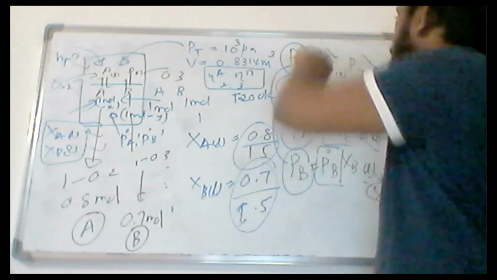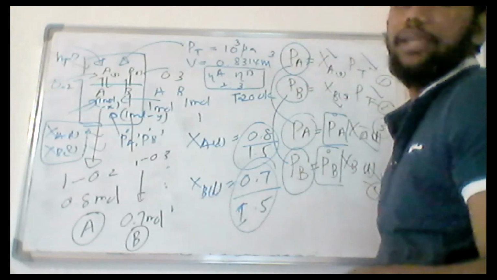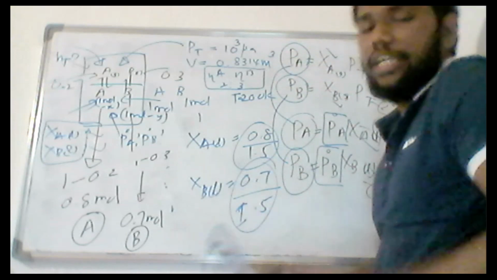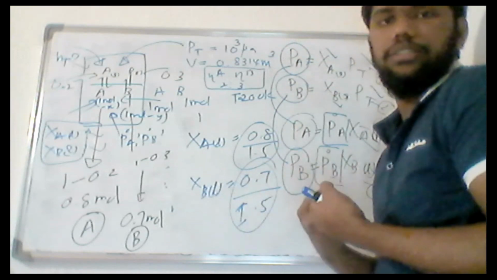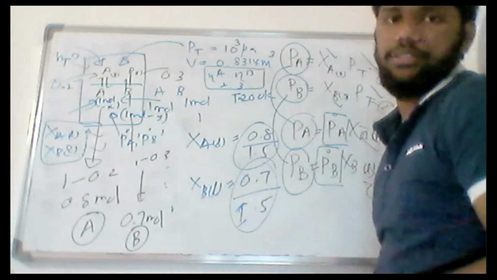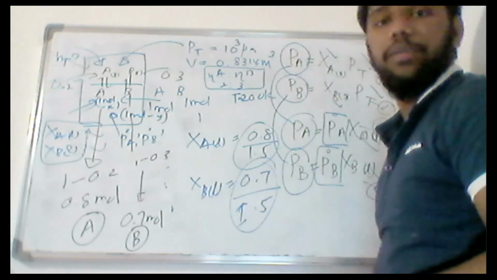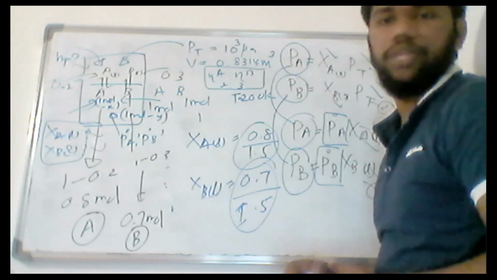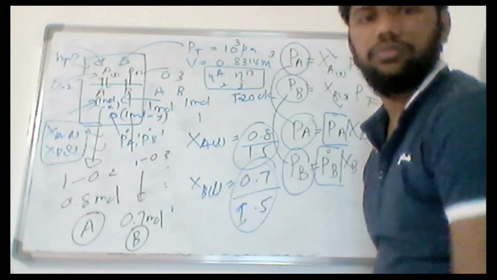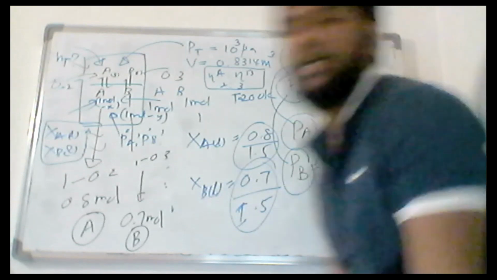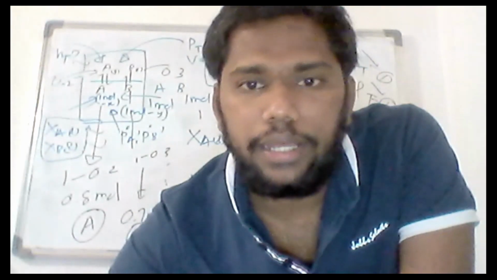You can just equalize these equations and find P0A directly. Because it will give you more time allocated to do other questions. Otherwise, if you do this separately, like finding PA and PB, it will take some time. So you're allocating time for the question itself. Okay, so this is the entire question here. So I will share this.